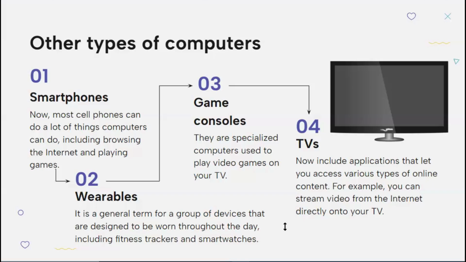Game consoles. They are specialized computers used to play video games on other devices such as TVs. Today, these kinds of electronics include applications that let you access various types of online content. For example, you can stream video from the internet directly onto your TV.